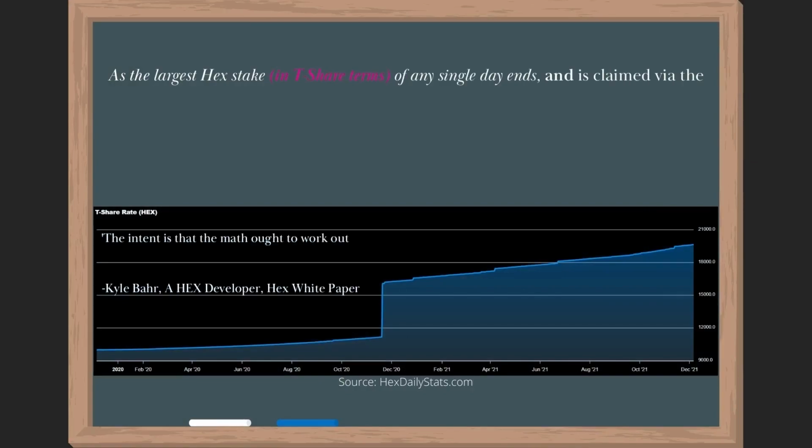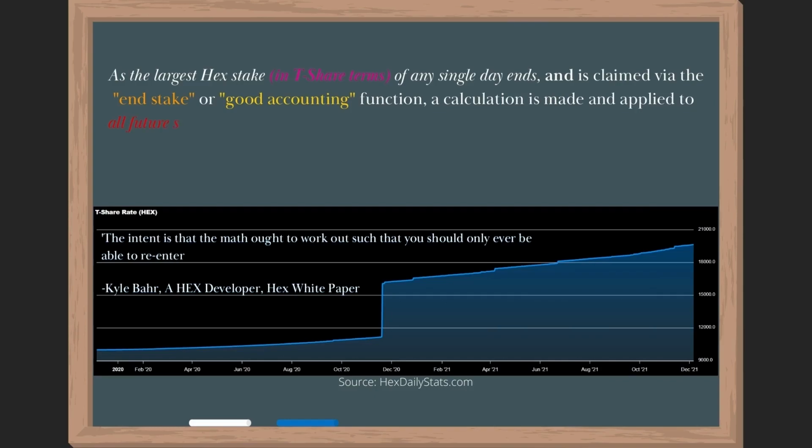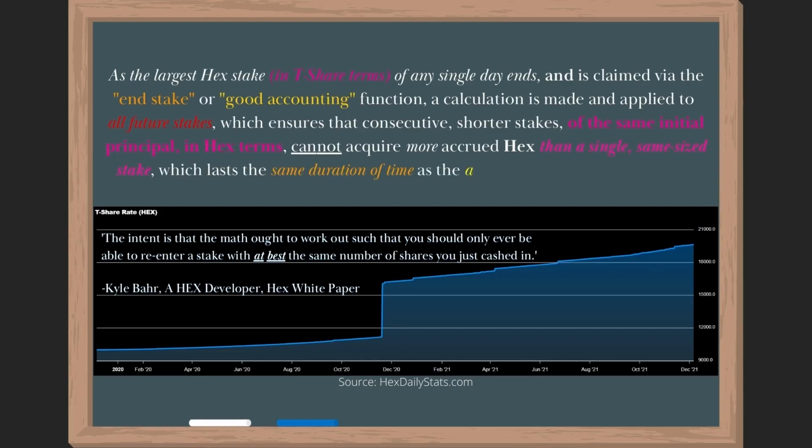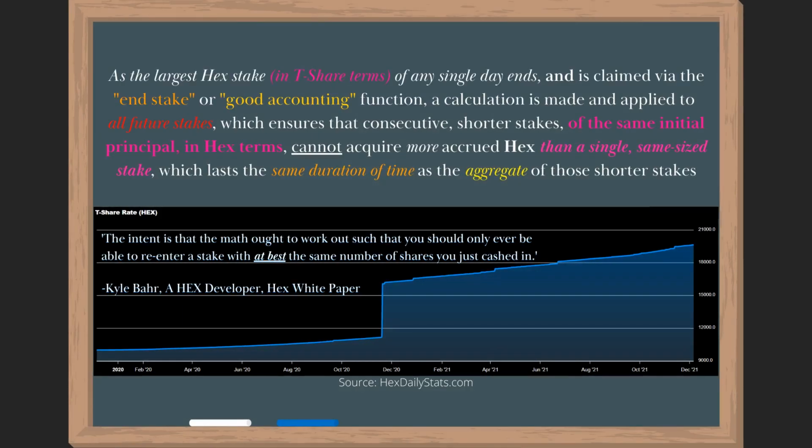As the largest Hex stake in T-Share terms of any single day matures and is claimed via the end stake or good accounting function, a calculation is made within the smart contract and applied to all future stakes. This ensures that consecutive, shorter stakes of the same initial principal in Hex terms cannot accrue more Hex than a single, same-sized stake which lasts the same duration of time as the aggregate of those shorter stakes.